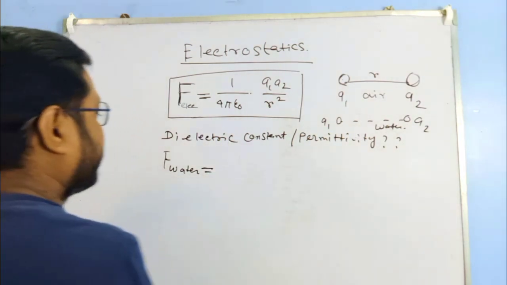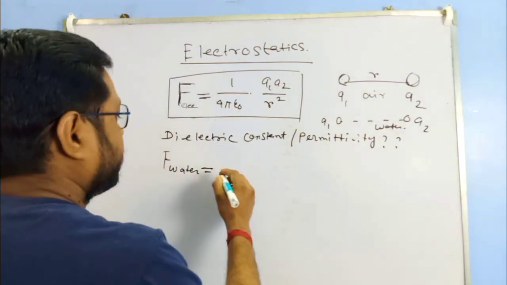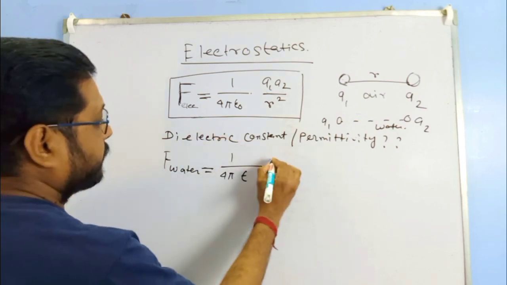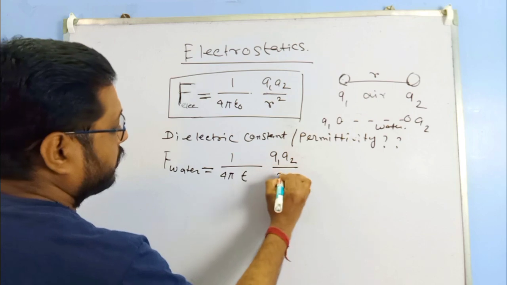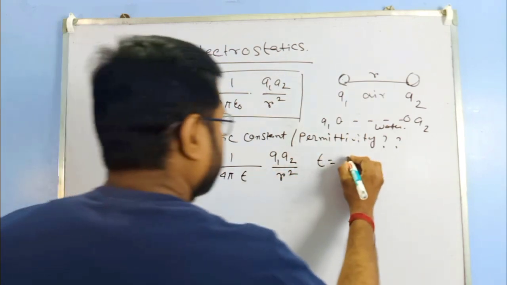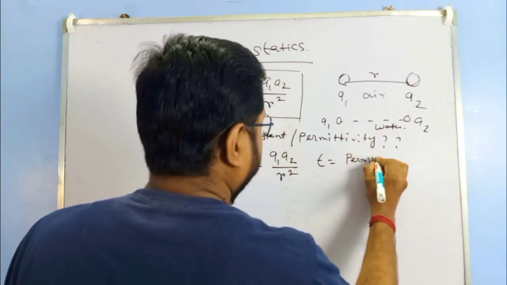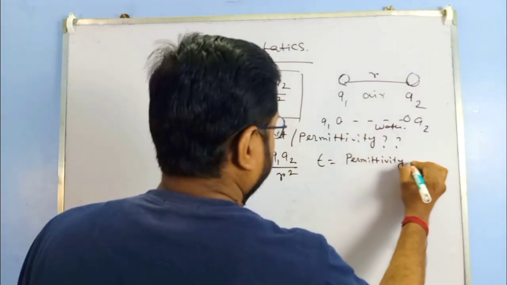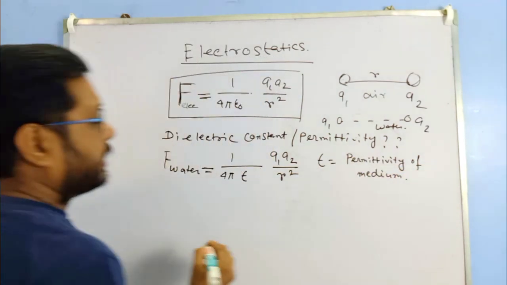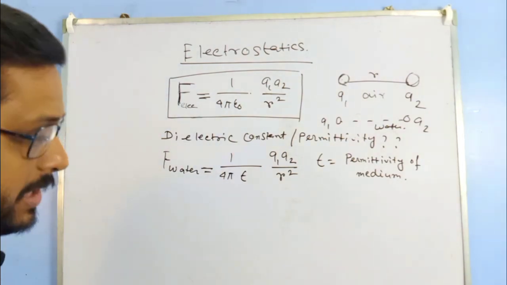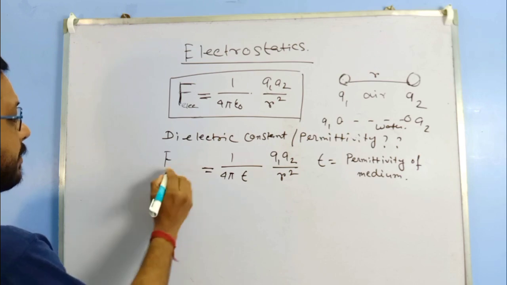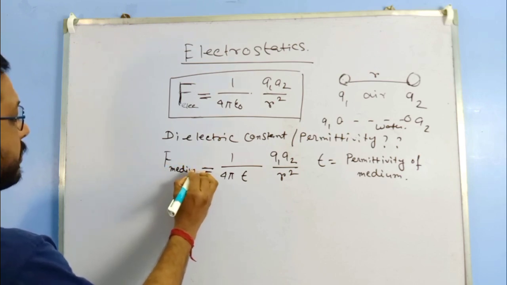So in case of a medium, this equation can be written as 1 by 4 pi epsilon, Q1 Q2 divided by r square, where epsilon is called the permittivity of the medium, and epsilon naught is the permittivity of free space. This is true not only for water but for any medium.